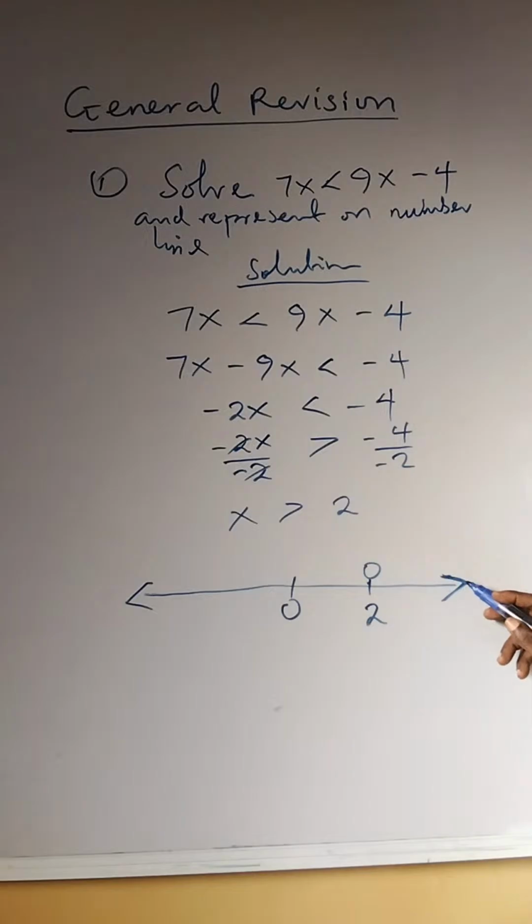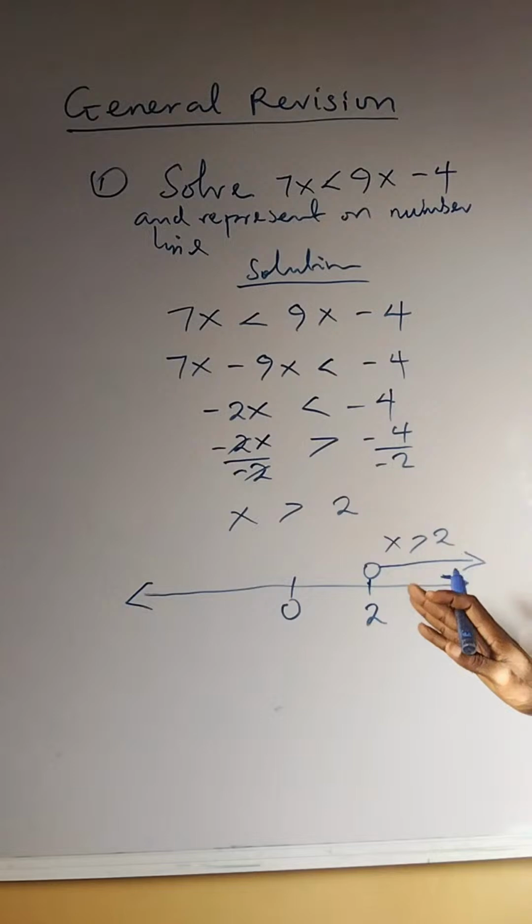It looks exactly like this arrow. So we draw a line towards this arrow. I put this sign, greater than. So it means x is greater than 2 here. So all these numbers, starting from 2, starting from 3, 4, 5, 6, and so on, satisfy this inequality. Okay, now let's look at another one.